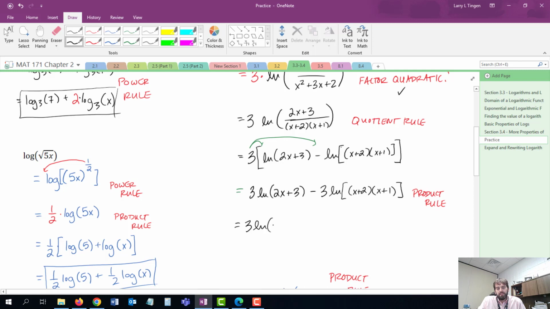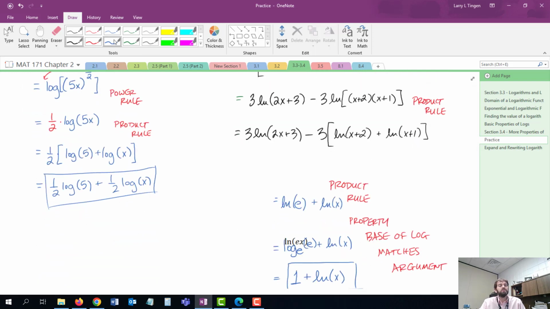First term stays exactly the same. Minus 3. Now remember, I said before, if I have 3 times something and I'm about to apply either the quotient rule or the product rule, that 3 is the coefficient for all of the results. So the natural log of x plus 2 times x plus 1 is the same thing as the natural log of x plus 2 plus the natural log x plus 1.